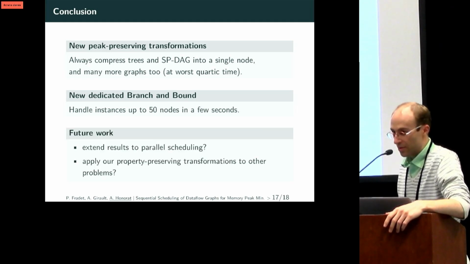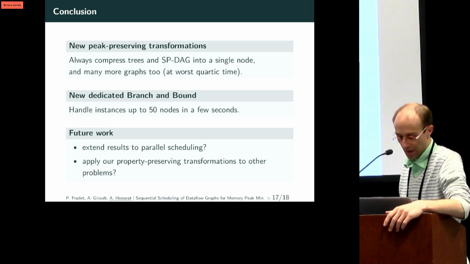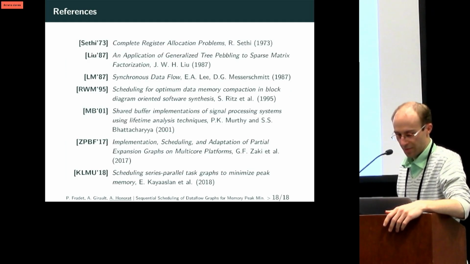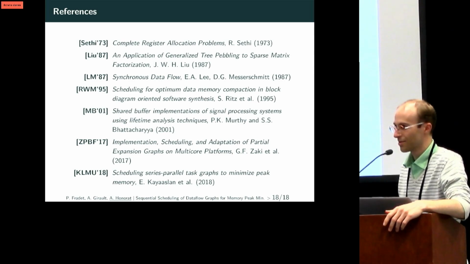As future work, we would like to consider parallel scheduling, or maybe try to apply our peak preserving transformation to other problems. So I leave you with the references of the most related work, and I'm ready for questions.